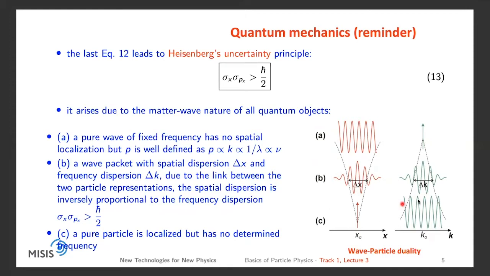Then the second case, B, is a wave packet with spatial dispersion delta x and frequency dispersion delta k. And due to the link between the two particle representations, the spatial dispersion is inversely proportional to the frequency dispersion. And the last case, C, a pure particle, which is localized to some coordinate, but doesn't have a determined frequency.